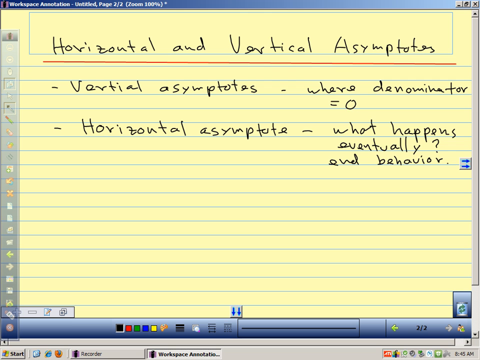It just depended on the sign of the leading coefficient and whether our power was even or odd, whether it went up and up, down and down, up, down, down, up. So we had some easy rules to figure out the end behavior for our polynomials. When we have a rational function, we get something a little different, and we have some rules to figure this out. But the bottom line is this: the vertical asymptote is where the denominator is 0. Horizontal asymptotes, we want to figure out what happens to the function eventually.